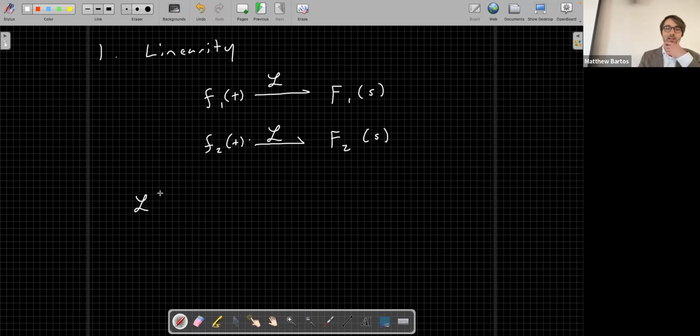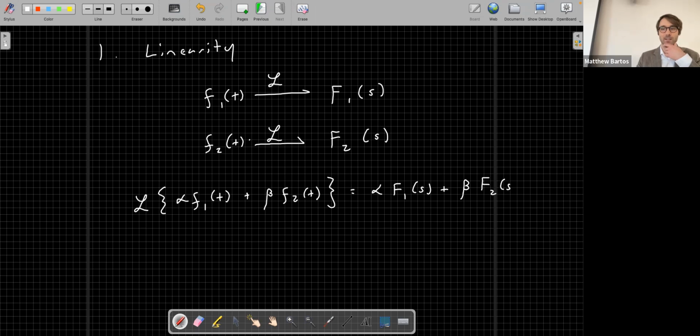If we apply the Laplace transform to alpha f1 of t plus beta f2 of t, this will become alpha F1 of s plus beta F2 of s. Okay, so the Laplace transform is a linear operator. This is going to be very important later on.